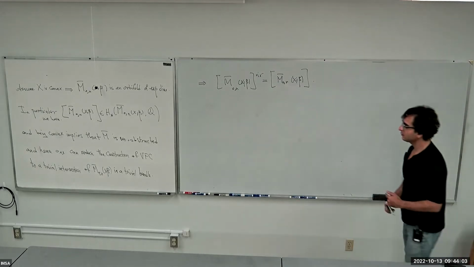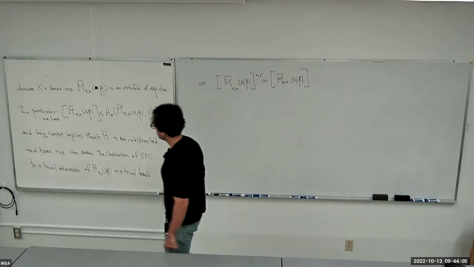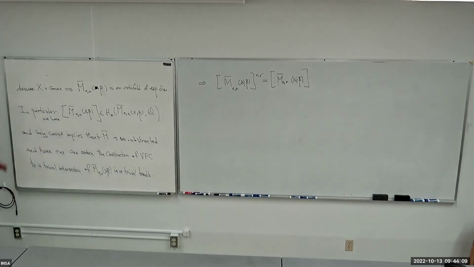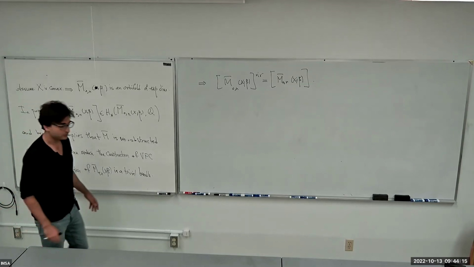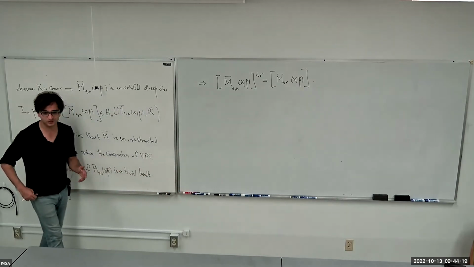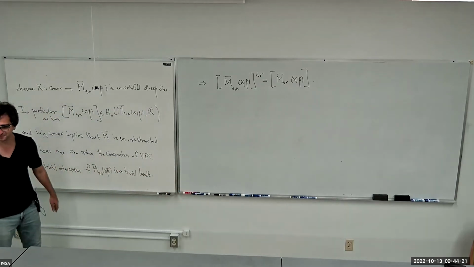The space is unobstructed. The obstruction bundle is trivial. So M is sitting inside this trivial bundle as itself. It's of expected dimension. So the section of the obstruction bundle, because the whole thing is trivial, the zero locus of that section is all of M.